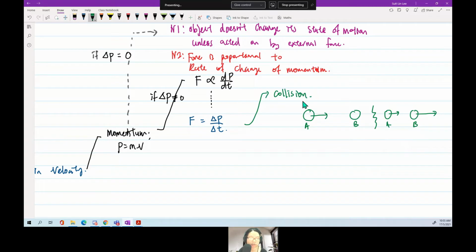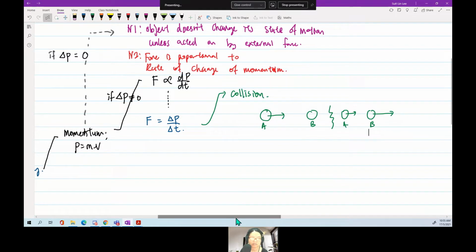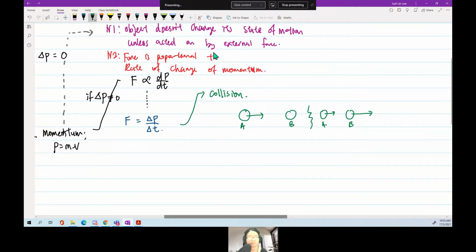So when it comes to collision, this is the first type of collision, the billiard ball one. This kind of collision is pretty straightforward because it obeys Newton's laws, N1 and N2, and also N3, by the way. I should probably also include N3.